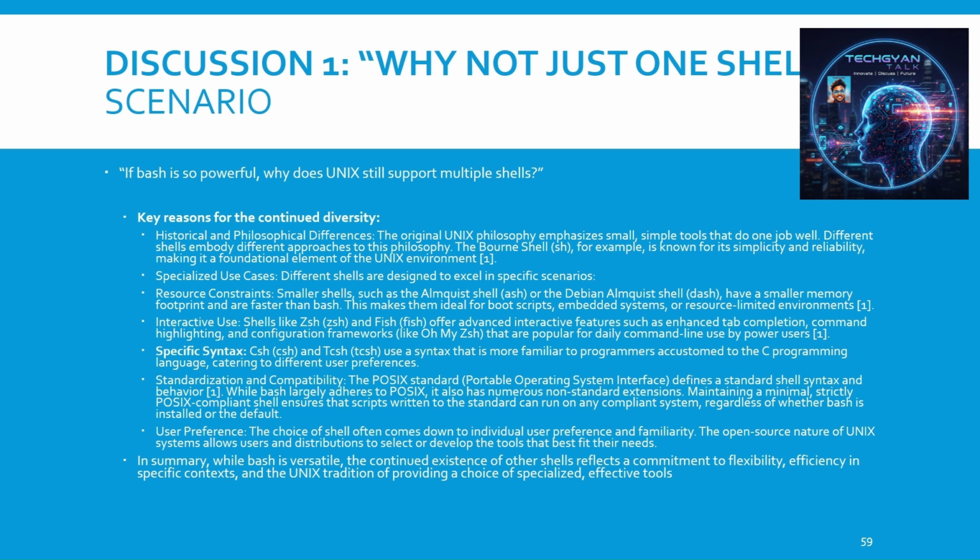Interactive use: shells like ZSH and Fish offer advanced interactive features such as enhanced tab completion, command highlighting, and configuration frameworks like Oh My ZSH that are popular for daily command line use by power users.